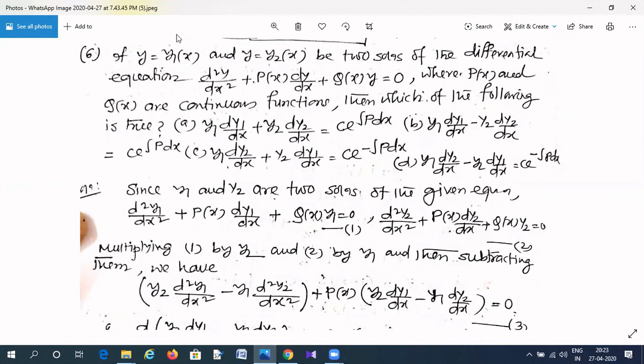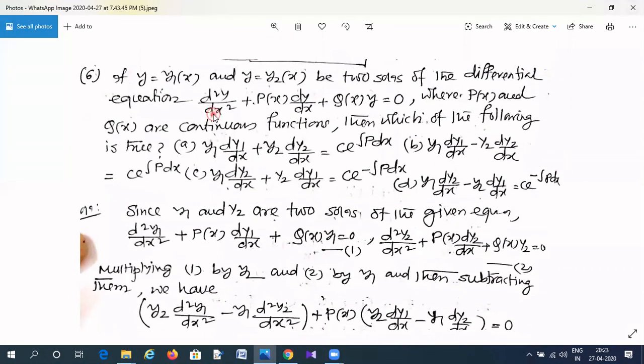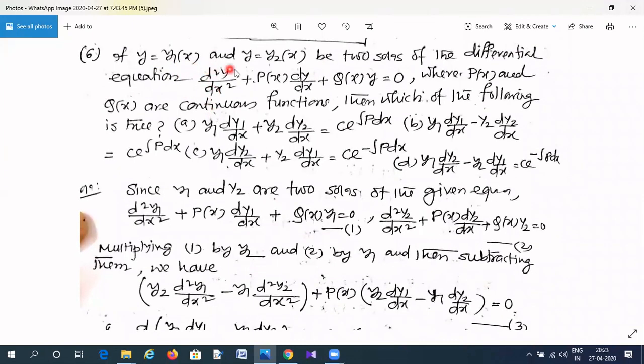If y equal to y1(x) and y equal to y2(x) are two solutions of the second order differential equation d2y/dx2 plus p(x) dy/dx plus q(x) y equal to 0, where p(x) and q(x) are continuous functions of x, then which of the following is true?